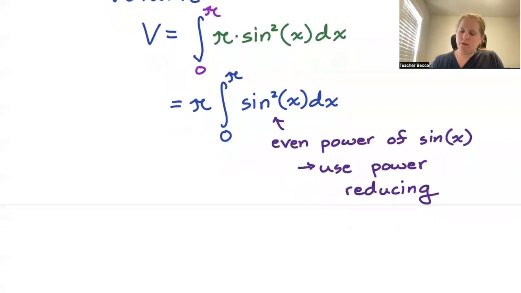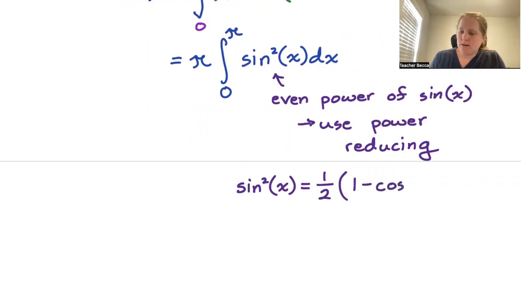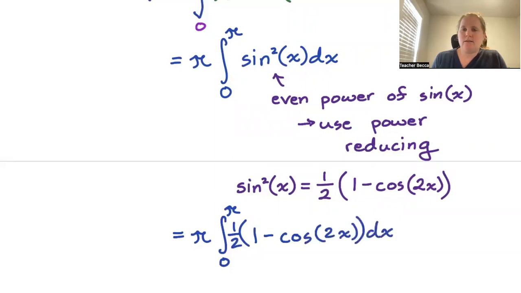So sine squared of x is equal to 1/2 times 1 minus cosine of 2x. So we are looking at pi times the definite integral from 0 to pi of 1/2 times 1 minus cosine of 2x dx.